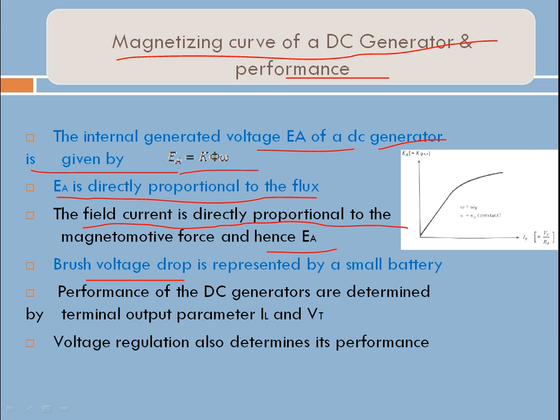The brush voltage drop is represented by a battery. The performance of the DC generator is determined by its terminal characteristics, and voltage regulation also determines its performance.